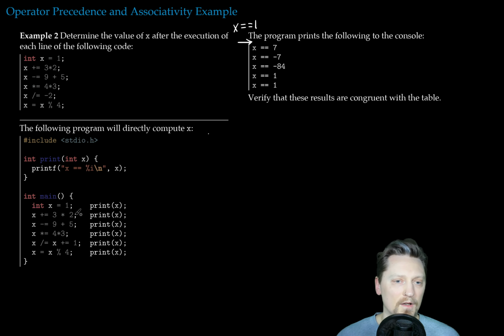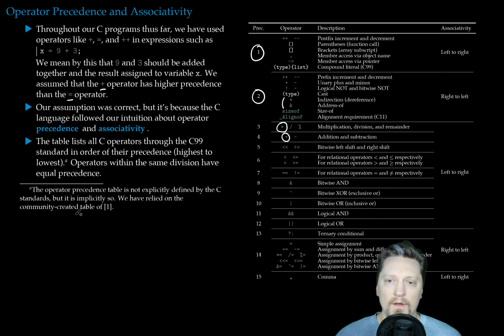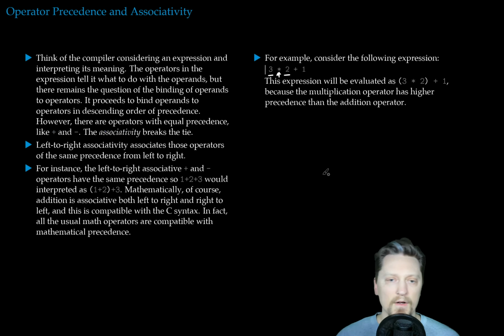So let's take a look at the table and review the plus equals and the multiply operators. So we have the multiply operator, which is precedence 3, the plus equals operator, which is down here, 14. Okay, so that's much lower. So we're expecting to bind with the multiplication first.